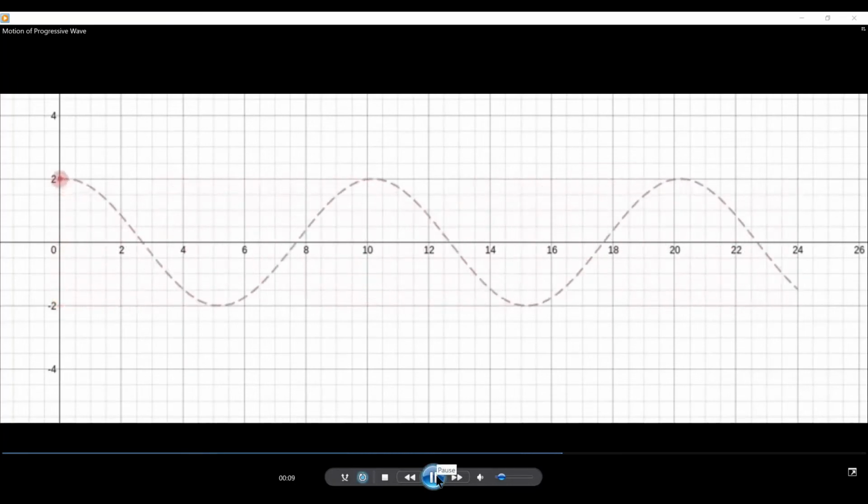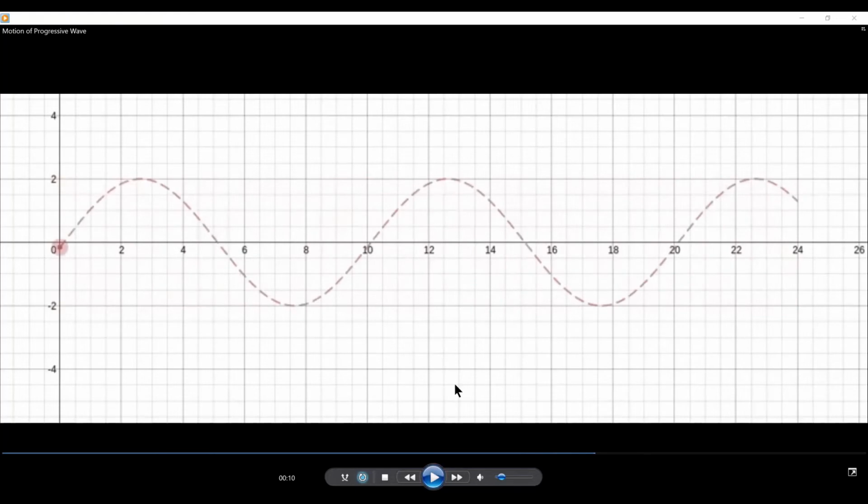So let's just say I freeze it right now. This one would be essentially my displacement distance graph. Okay, so say for example, now when I freeze it, this one here is the displacement of all those particles at t equals 0.